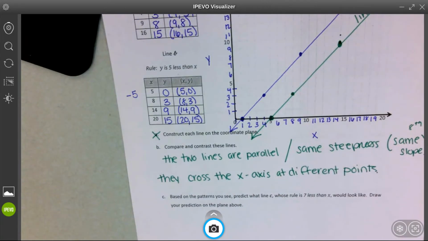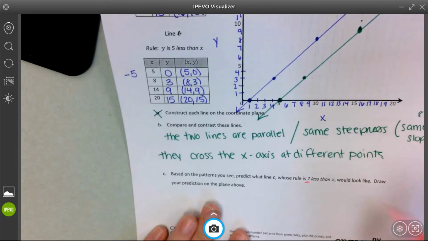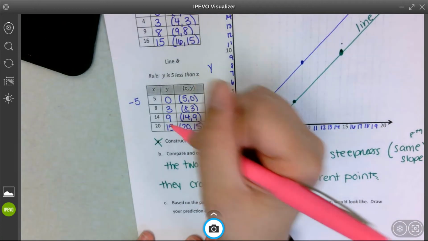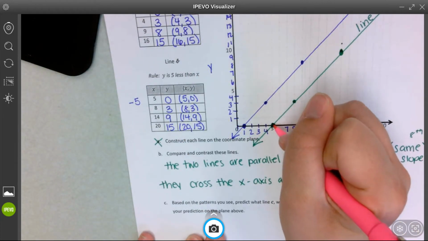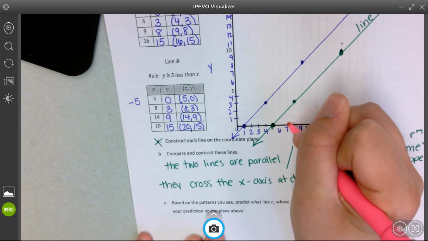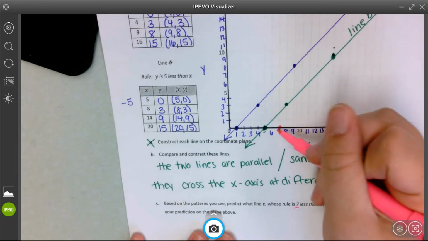All right, and so letter C now says, based on the patterns you see, predict what line C, whose rule is 7 less than x, would look like. I'm sorry, not 9, 7. Oops, I misread that. All right, so this was -1. This was -5. If we notice, it hits the x-axis at 1. This hits the x-axis at 5. So I'm going to imagine it would hit it at 7.